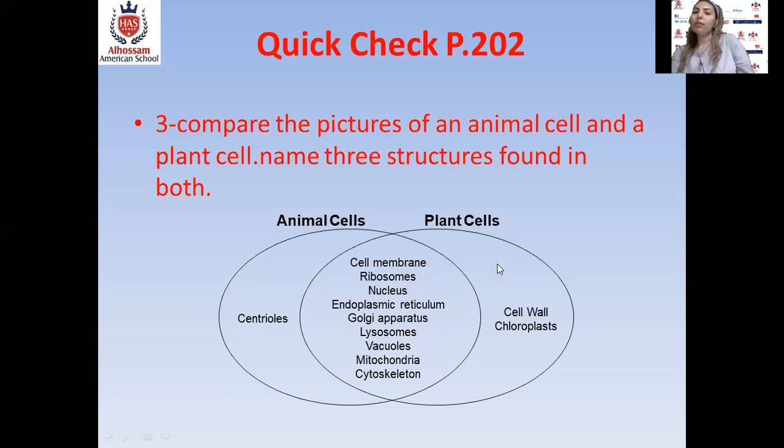Plant cell has cell wall and chloroplasts, and they are not found in animal cell. But animal cells contain centrioles not found in plant cell, and these centrioles are used to make the mitosis. You can write it. Okay, let's continue.